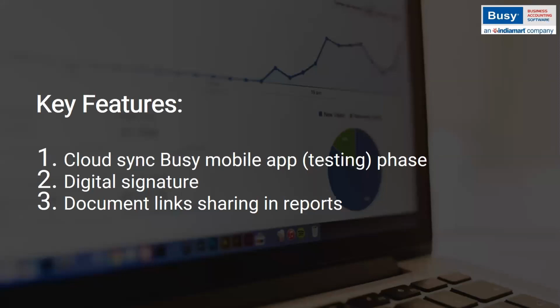It's only for a testing phase, but it will work with the 7.0 onwards. So we have a new mobile app now, Cloud Sync mobile app of Busy, beta version. We have the digital signature and document links also you can share in your reports in Busy 7.0. These are the important things. There are other things also that we are going to cover in today's session.